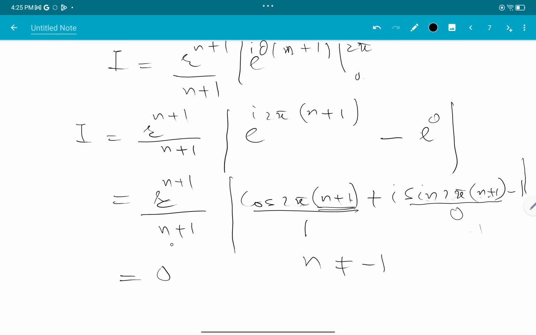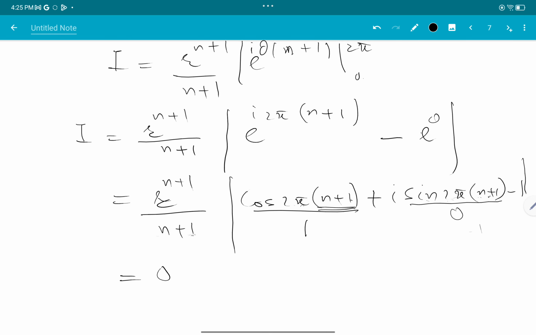Look, suppose n is equal to minus 1, then it will be indeterminate, because the numerator becomes 0 and the denominator becomes 0, 0 by 0, it will be indeterminate. So for n not equal to minus 1, this integral vanishes.